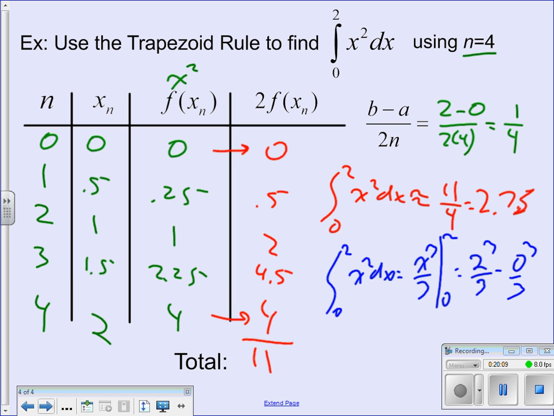So I get 8/3. 8/3 is the exact value. Now 8/3 is what? 2.6 repeated. 2.75, 2.6. Not too bad.